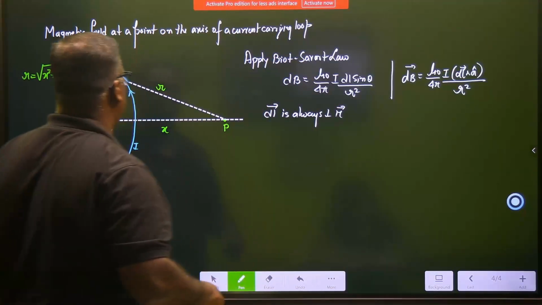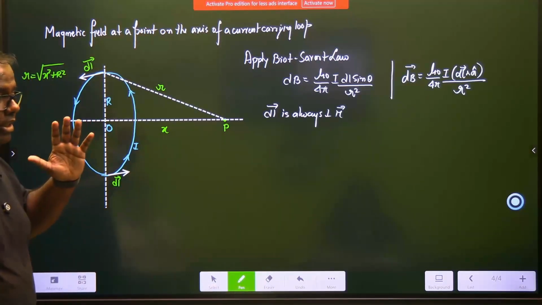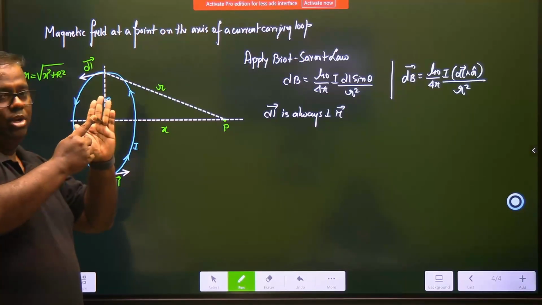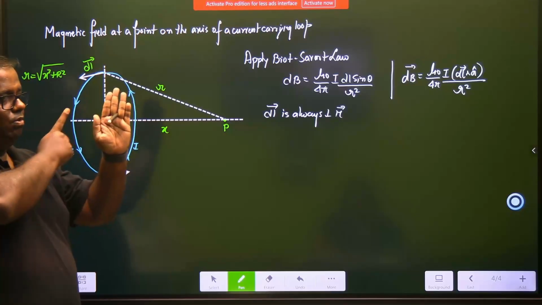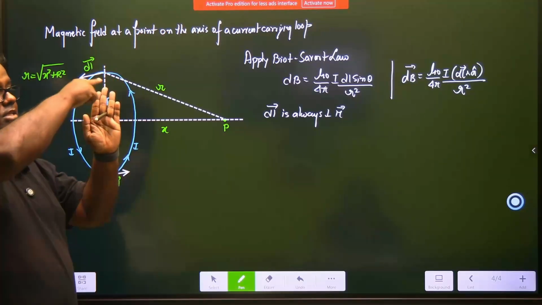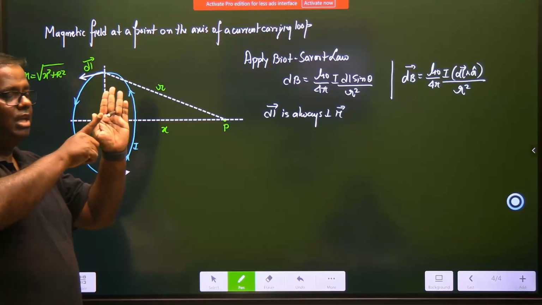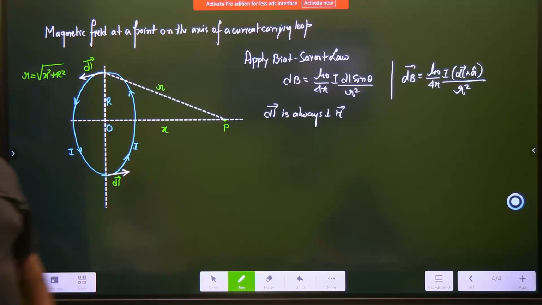Just try and see. This is a loop. You have to link it like 3D. Imagine my hand as the loop, and this is the point. This is R. The loop is running this way, so the DLs will always be like this. And this is R. So wherever you take a DL, from there the R will come up. So the DL will always be perpendicular to R.